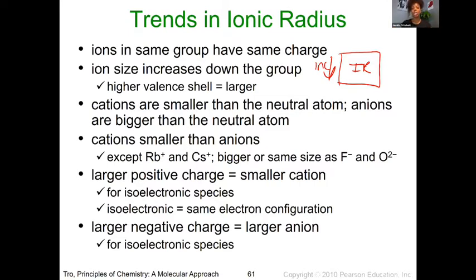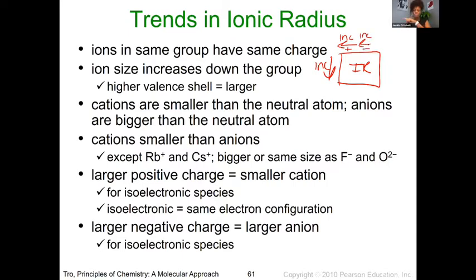Your cations are traditionally going to be smaller than your neutral atoms because they're losing electrons and are able to come in a lot closer. Your anions are going to be much bigger than your neutral atoms because you now have excess electrons. So the trend is that sizes increase for the cations as well as for the anions across the row going to the left.